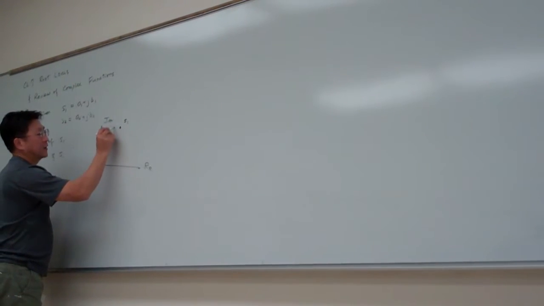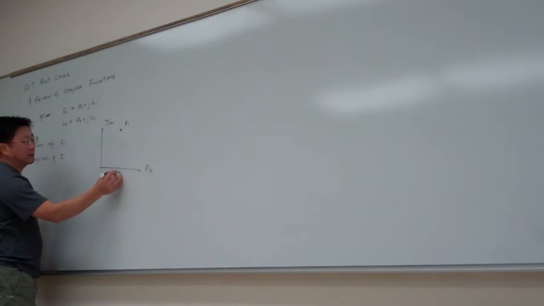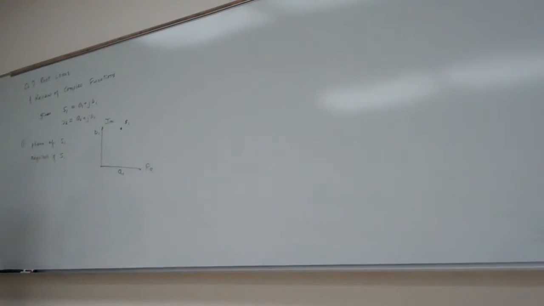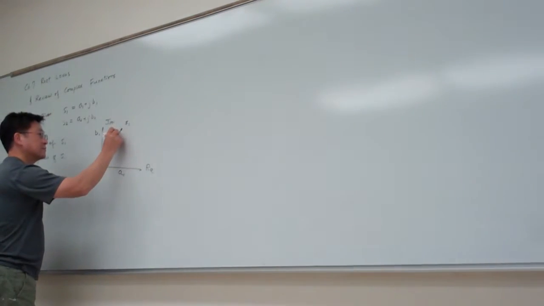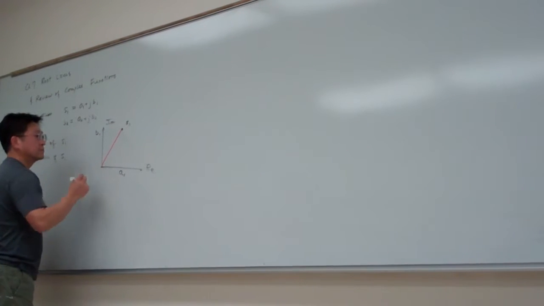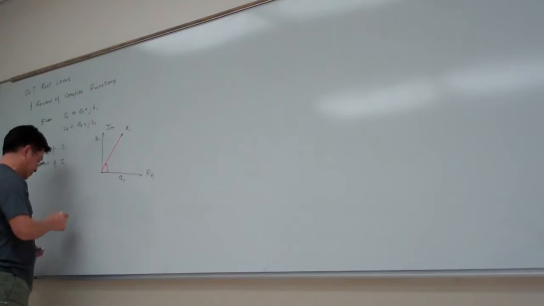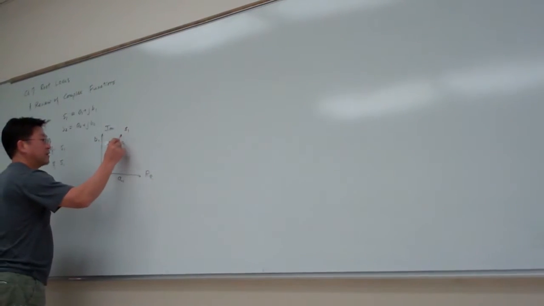Okay, so by definition, we place S1 and S2 on the complex plane. The real part is A1, and the imaginary part is B1. So from here, this is the magnitude.